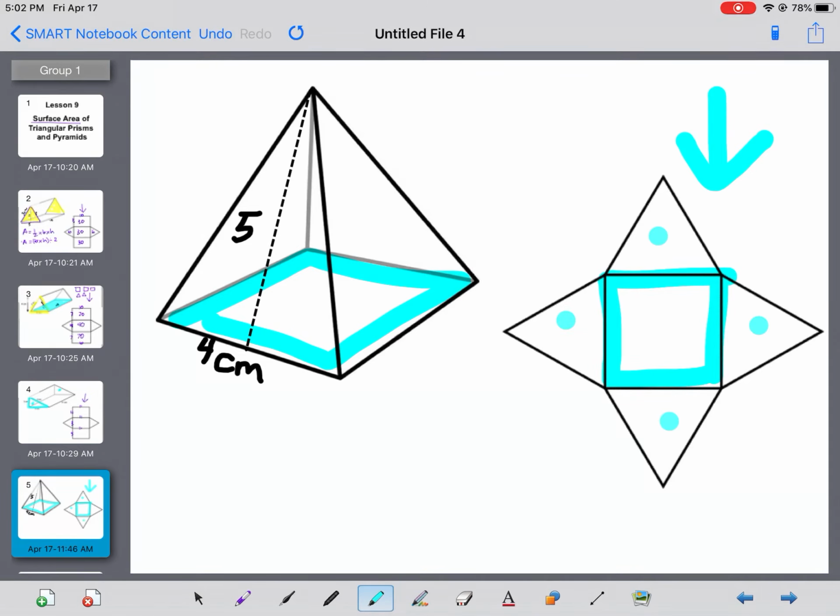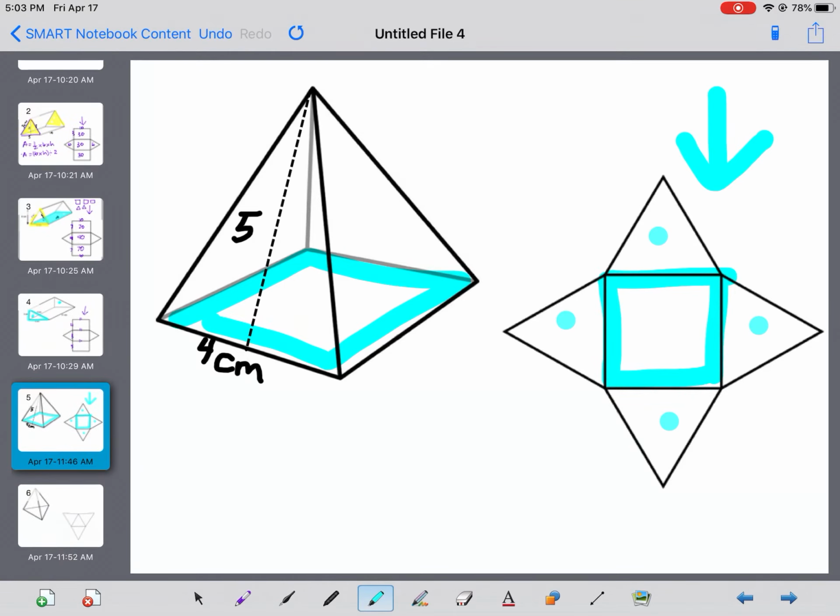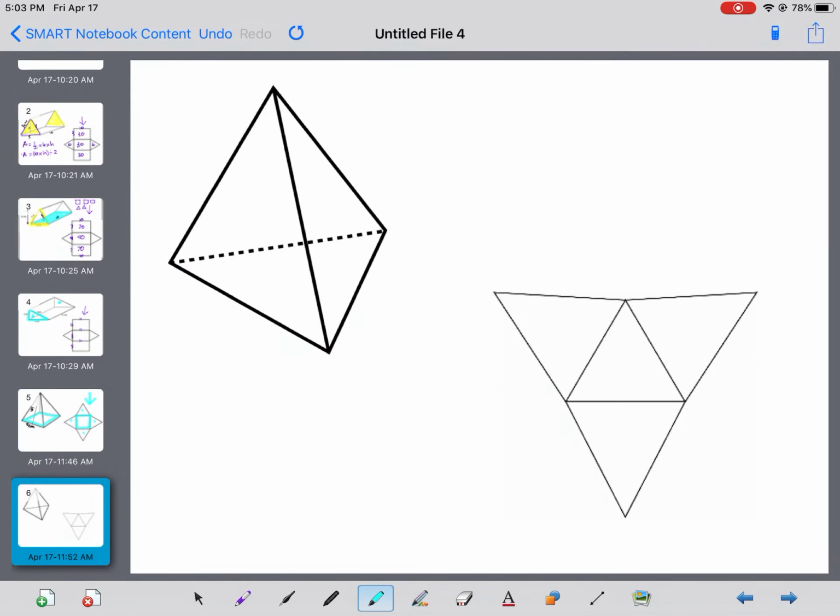Okay, now if your base is a square, all four of your sides are going to be the same. So for square pyramids, if you calculate the area of one of your triangles, you should be able to just multiply it by 4 to find the area of all 4 triangular sides.